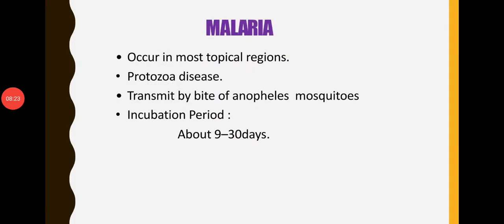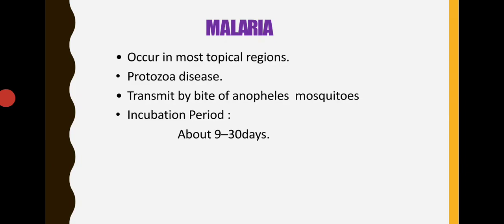Malaria. It is a common disease, and you know that it occurs in most tropical regions. It is a protozoal disease. The onset of this disease occurs due to protozoa. It is transmitted by the bite of the Anopheles mosquito. Generally, the mosquito is the only vector for the transmission of this disease.